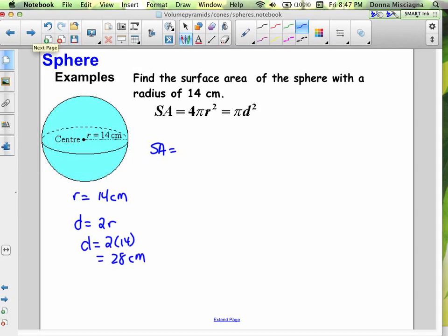All right, so if we use the first formula, surface area is 4 pi r squared. The surface area of our sphere would be 4 times pi times 14 squared. And 14 squared is 196. And then we would just multiply that by 4.